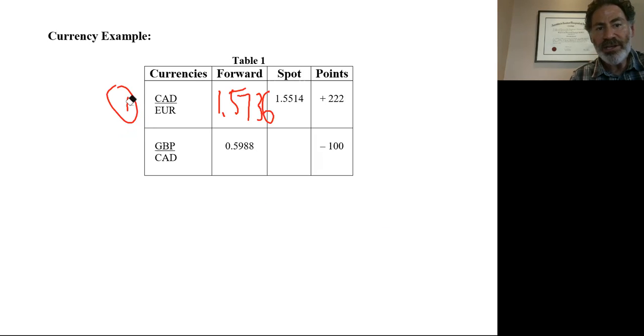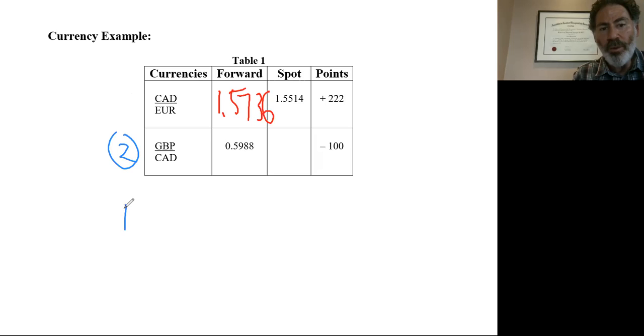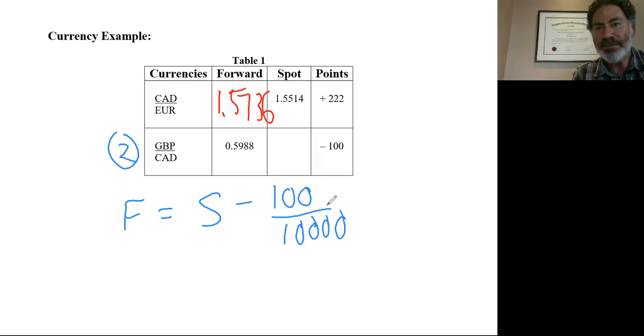And now let's look at the second currency pair here, the British pound per CAD. That's how we would say this. So we're given the forward, and we want to go back to the spot. So remember, the forward is going to be equal to the spot, and in this case, we're going to subtract 100 basis points and scale that by 10,000.